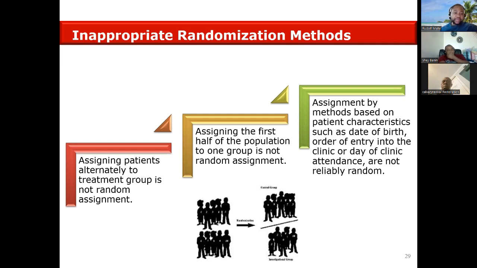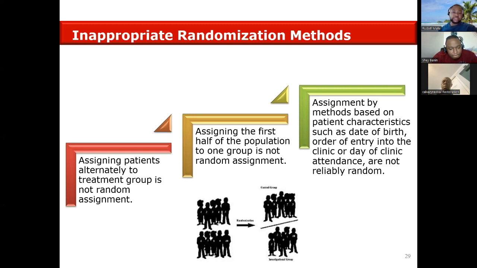Well, assigning patients to alternate treatment arms is not actually randomization. Assigning the first half of the population to one group is also not randomization.